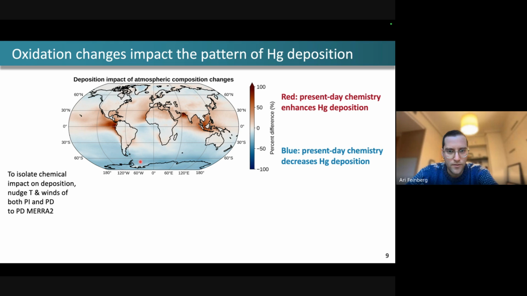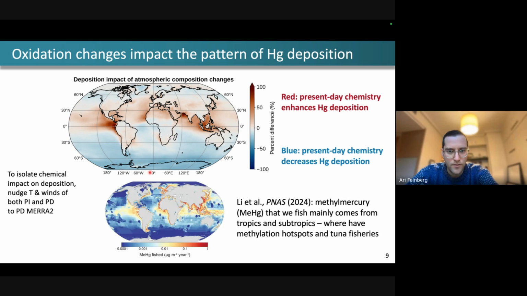So when we looked at this map, it kind of gave a bit of deja vu, because there was another paper that came out last year from Lee et al., which showed where the methylmercury that we get in our diet comes from. And so what they found is that the tropics and subtropics are key areas because that's where you have methylation hotspots of mercury. And as well, that's where the most important tuna fisheries are.